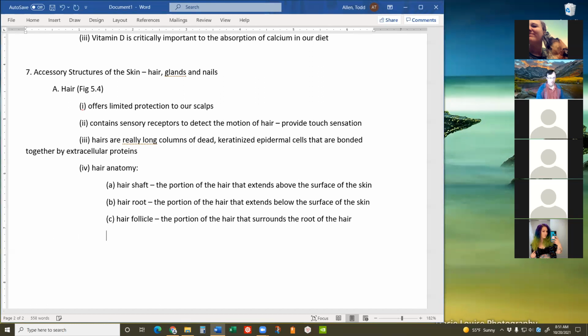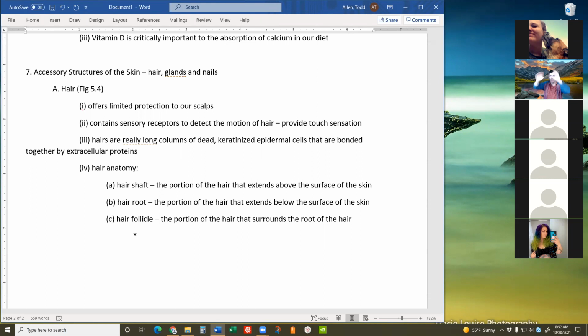I'll make some comments here. At the base of each hair follicle is an onion-shaped structure called the bulb. You can most carefully see the bulb in figure 5.4, letter C as in Charlie. You see the hair bulb.